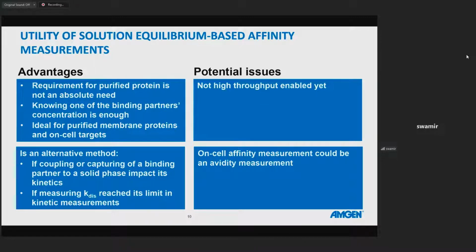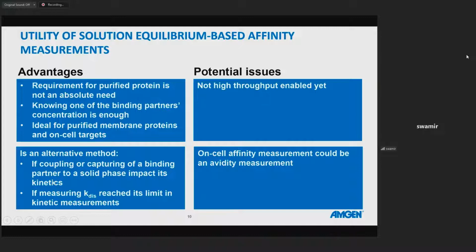If you know one of the binding partners' concentration, that should be enough. And this is ideal for membrane proteins or on-cell targets, whether purified or partially purified, or we could even use it directly on-cell.